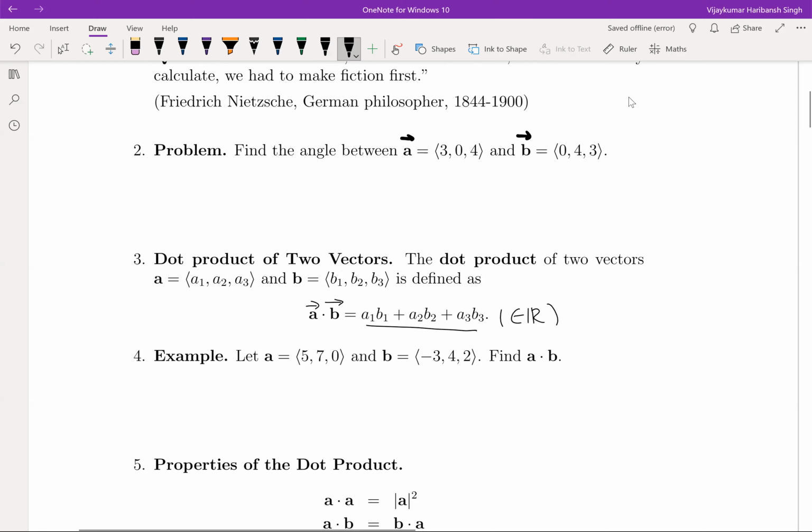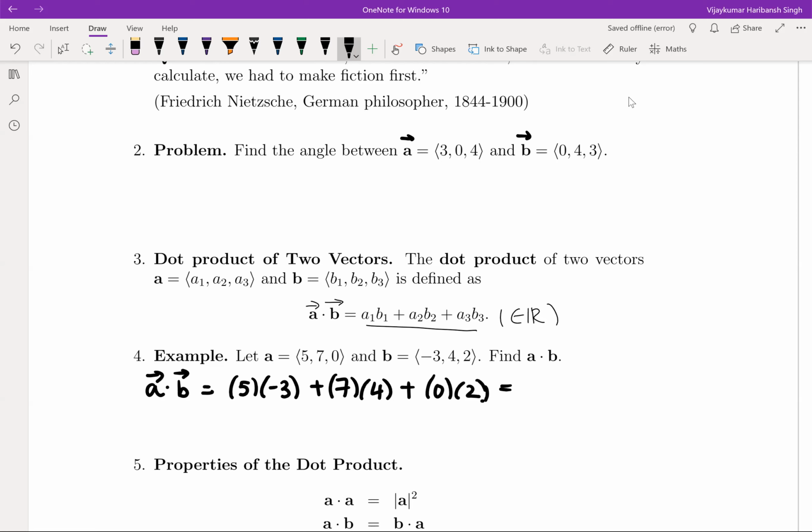So let's compute the dot product of these two vectors. A dot B is going to be A1 B1, so 5 times minus 3, plus 7 times 4, plus 0 times 2.